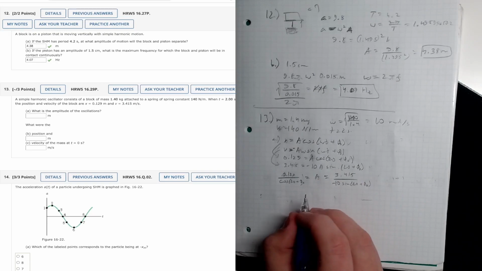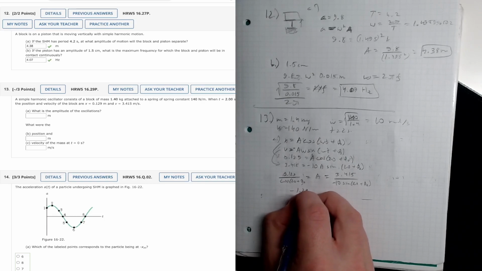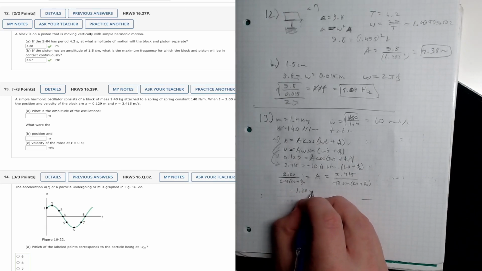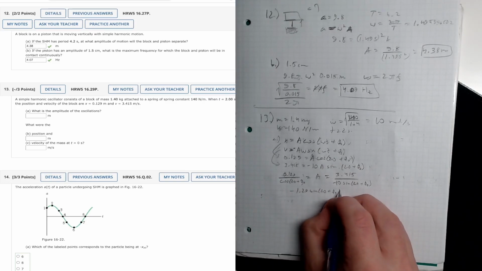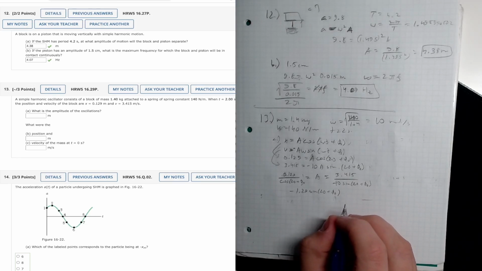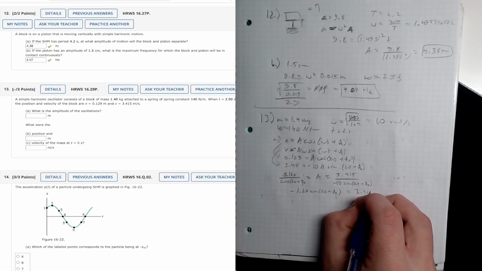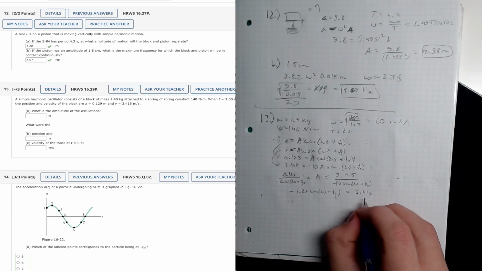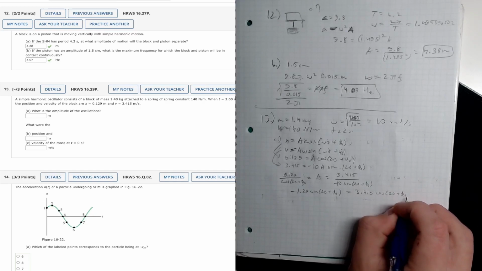Cross multiply. So we'll have negative 1.29 here times sine of 20 plus the phase constant, and then 3.415 times cosine of 20 plus the phase constant.